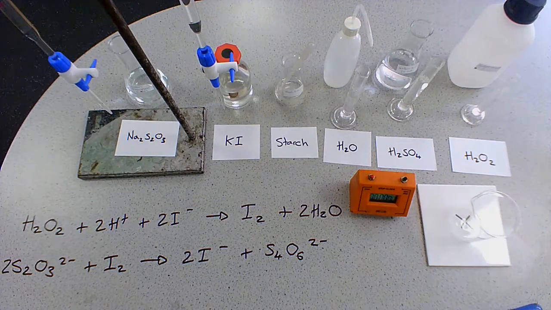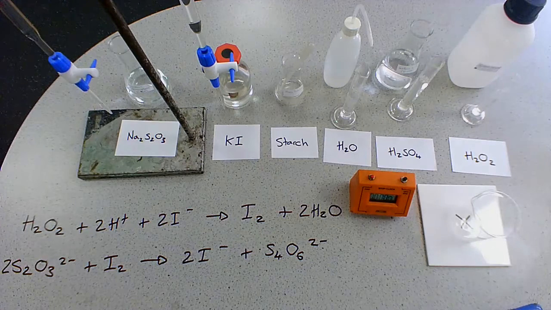And we're going to time how long that takes before the blue-black color appears. And then we're going to repeat the experiment using the same concentrations of all of our reactants, but varying the concentration of just one. We're going to vary the concentration of the potassium iodide. And what we'll be able to see is the effect changing the concentration of that one reactant has on the overall rate of the reaction.